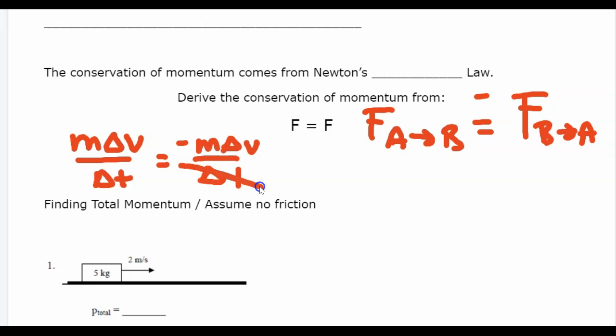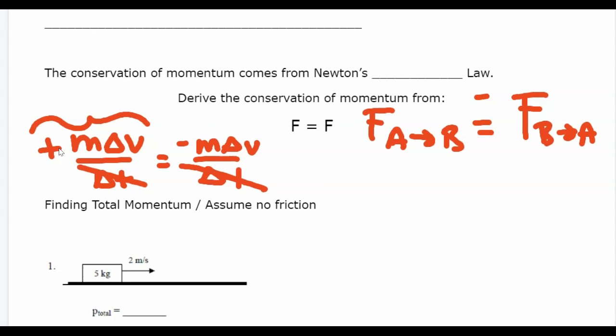And when two things interact, the contact time is the same, so this crosses out. So whatever momentum the one object gains, the other object loses.